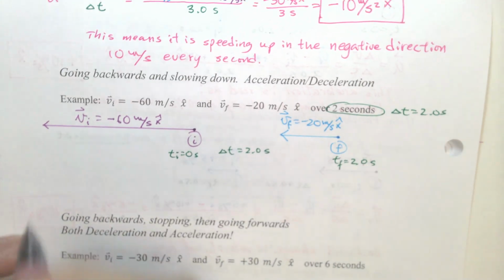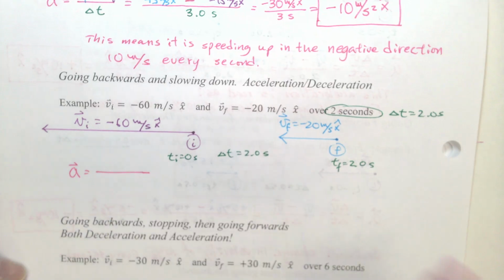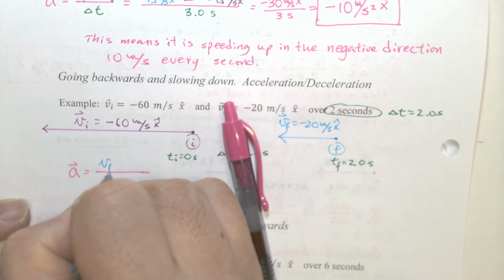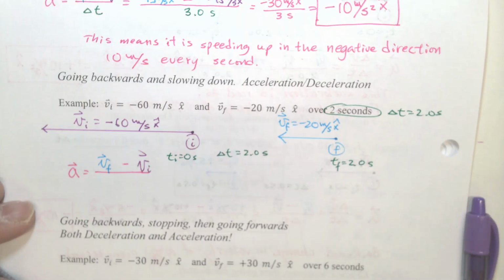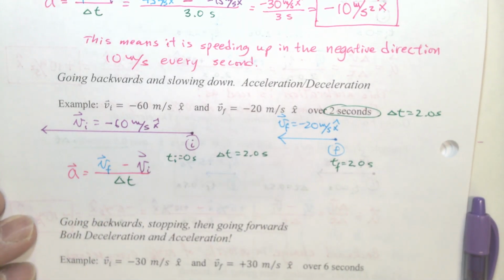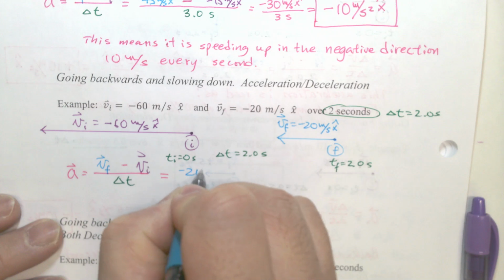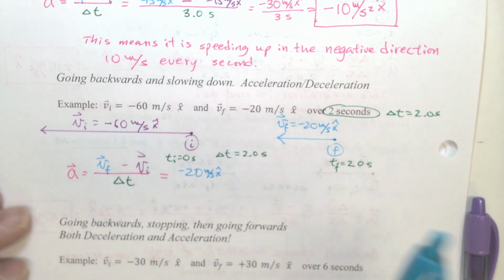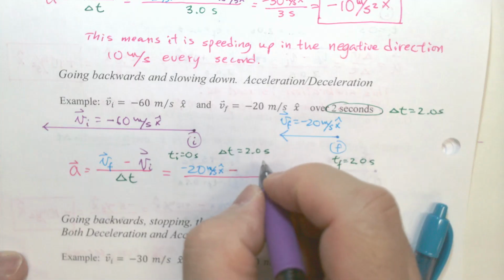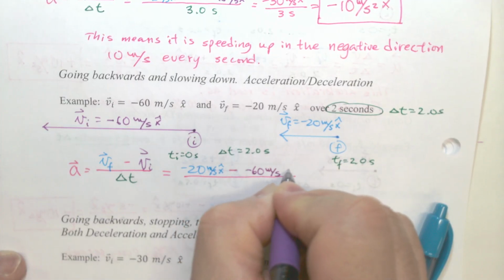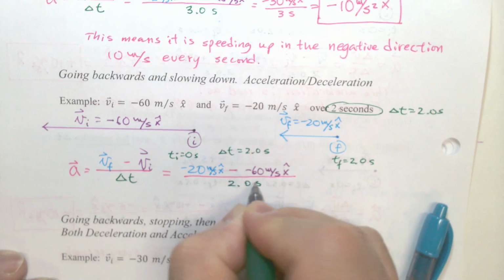So our acceleration is equal to simply Vf minus Vi over delta t. Therefore, my acceleration is equal to negative 20 meters per second x hat minus negative 60 meters per second x hat, whole thing over 2.0 seconds.